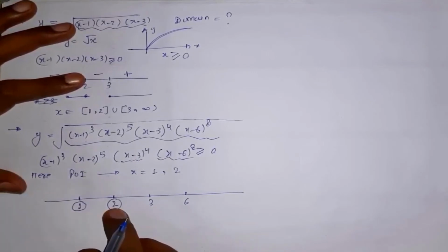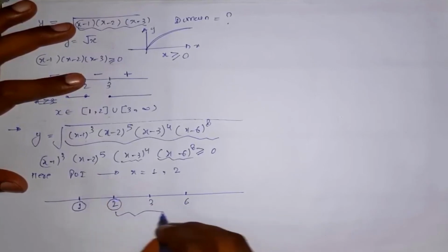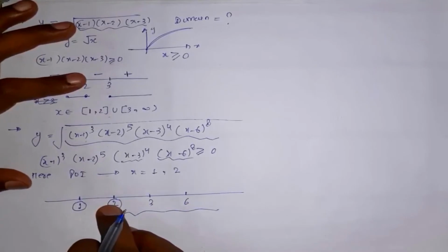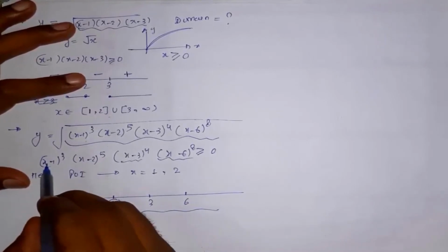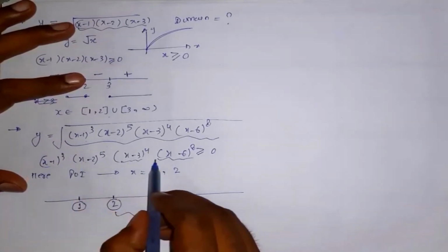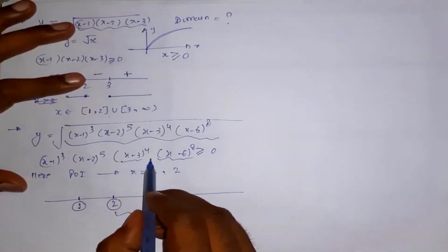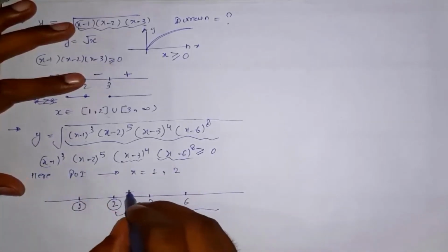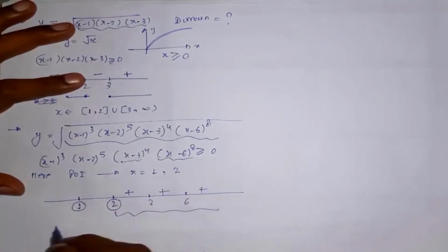Now as far as this region is concerned, if we take values of x greater than 2, this portion will be positive, and this portion will also be positive. These are factors that will always be positive. So this region will be positive.